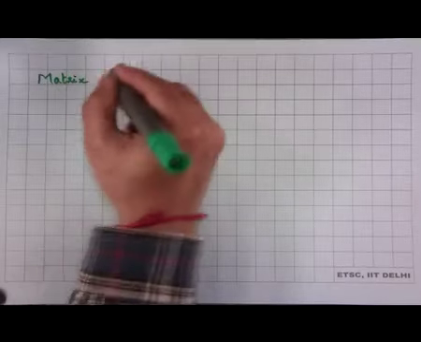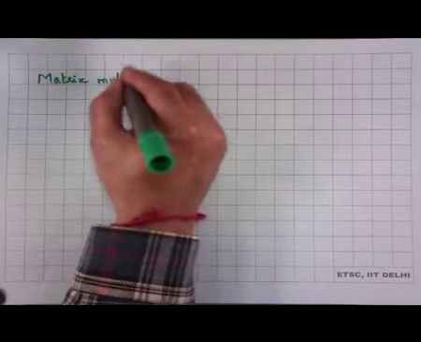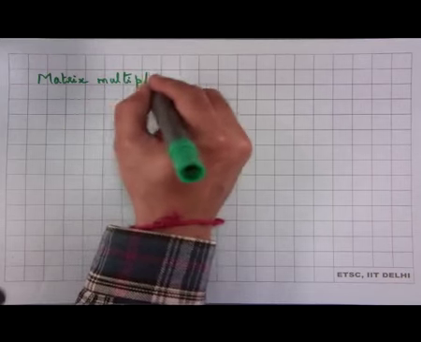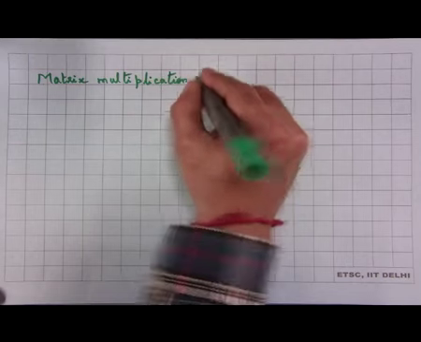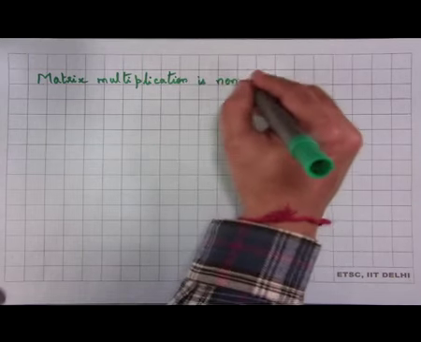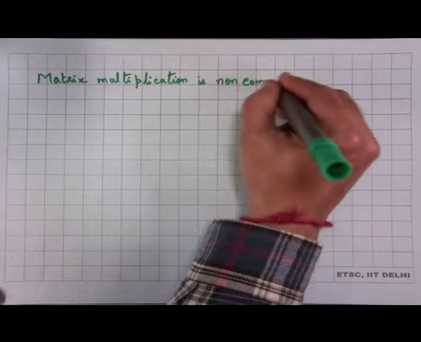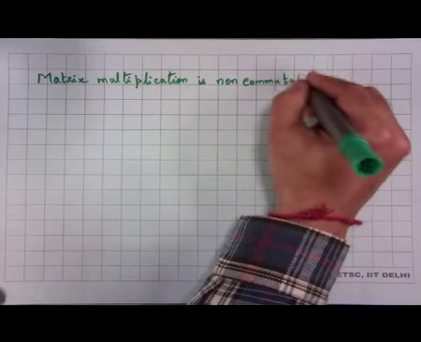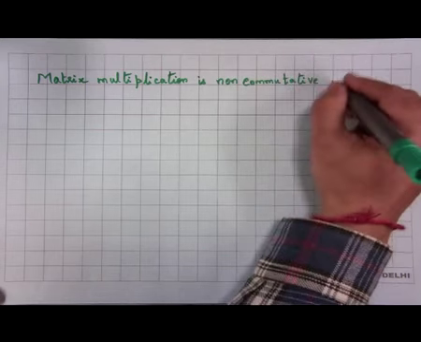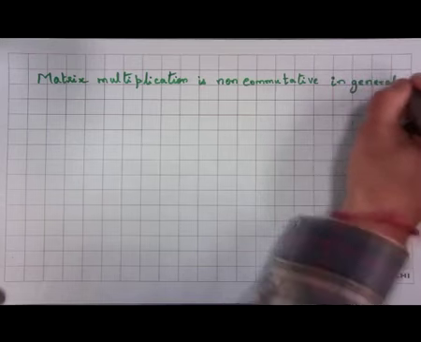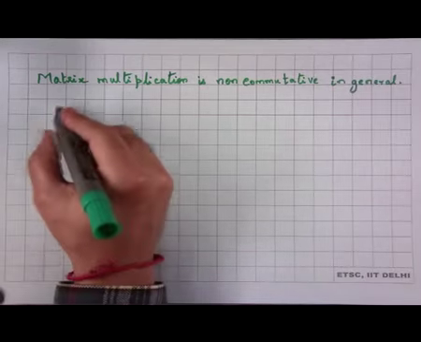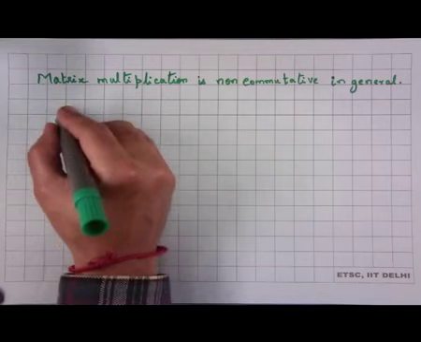The next natural question that one will ask is about commutativity. The truth is that matrix multiplication is non-commutative in general. So, in fact, let us do an example.